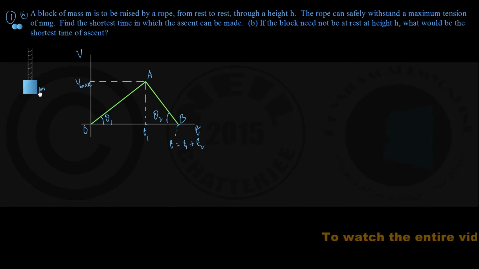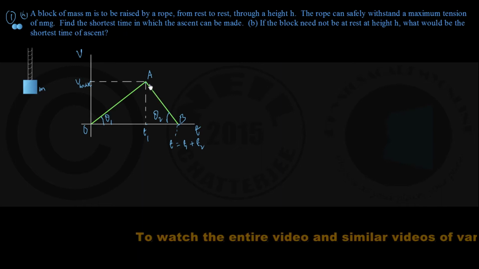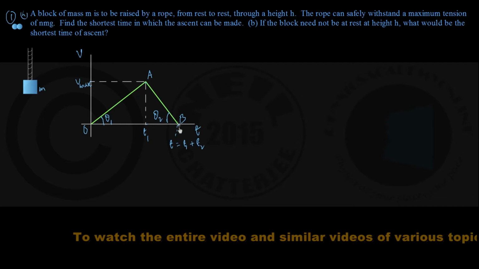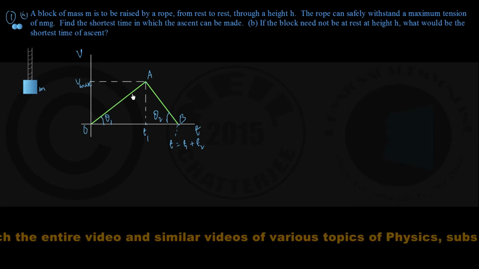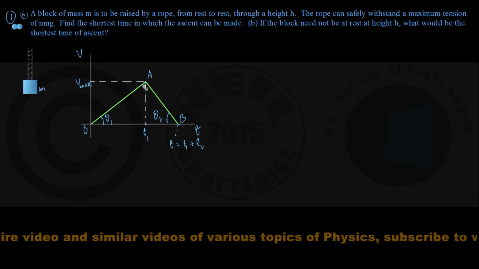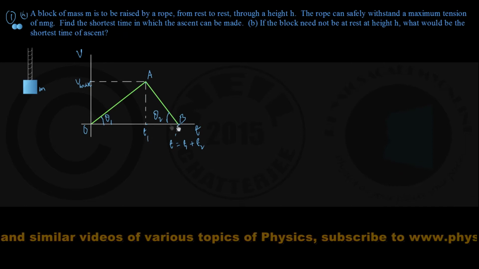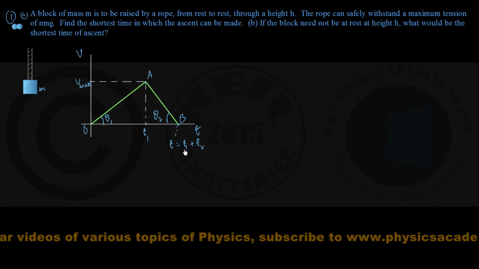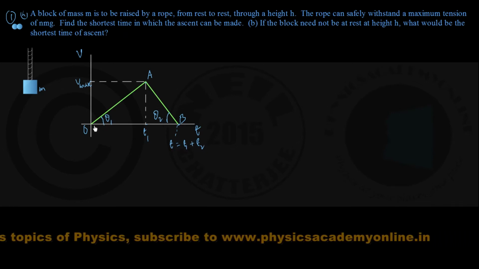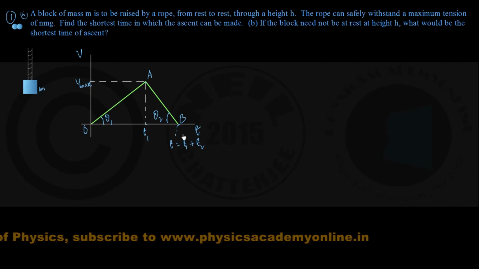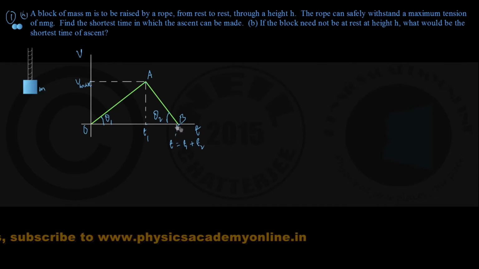The force of gravity being a downward force, the block possesses a deceleration numerically equal to g, and therefore the velocity falls linearly to a value of 0. The time of accelerated journey is t1, the time of decelerated journey is t2, and the total time is t1 plus t2. Because of this motion, the block is at rest at the starting point as well as at the end point of its ascent.